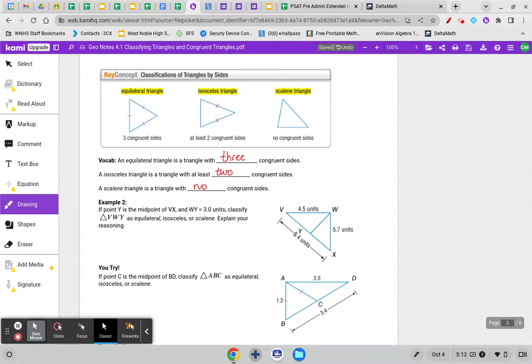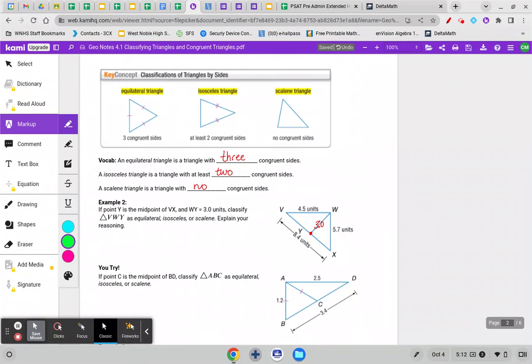For example 2, if point Y is the midpoint of VX and WY is 3.0 units, classify triangle VWY. We're looking at this triangle here. We need to say if it's equilateral, isosceles, or scalene, and explain our reasoning. We have to deal with the midpoint.